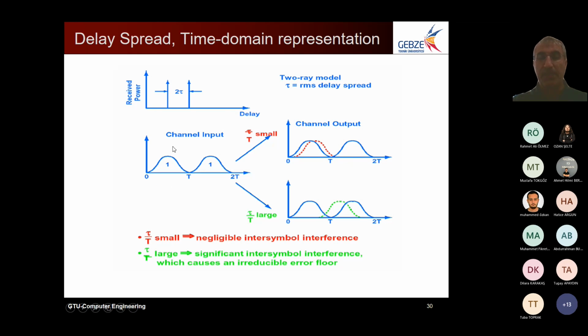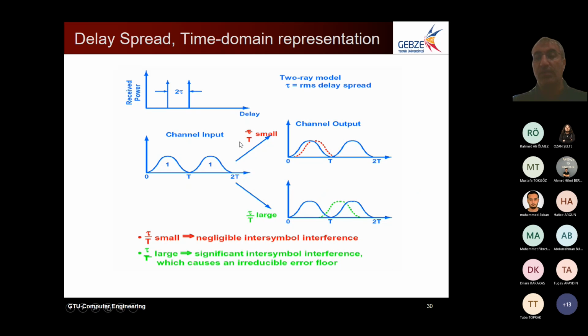That is bit 1 and another second bit that I'm transmitting. Because of the channel effects, we experience a delay spread. In this case, tau is the RMS delay spread, and T is our symbol duration.